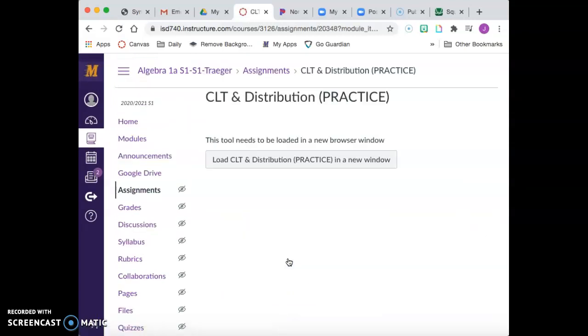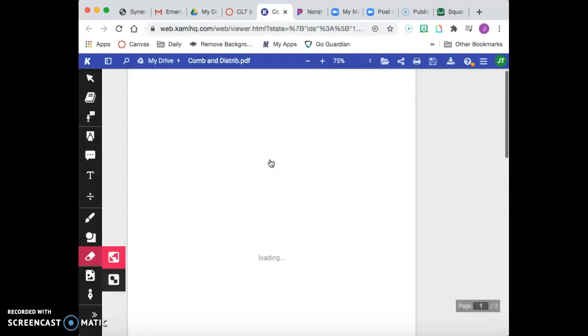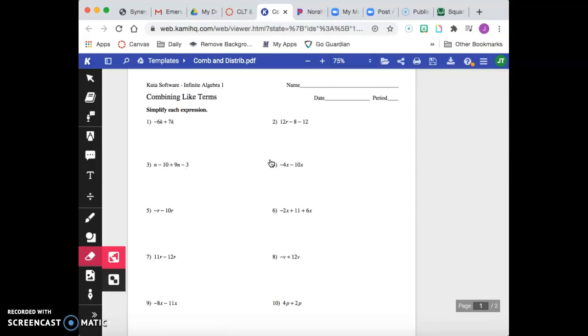Click on that. And I want all of you to have that Kami worksheet opened up right now. I want to see it in GoGuardian for you online learners. I'm waiting for that on everybody's screen.